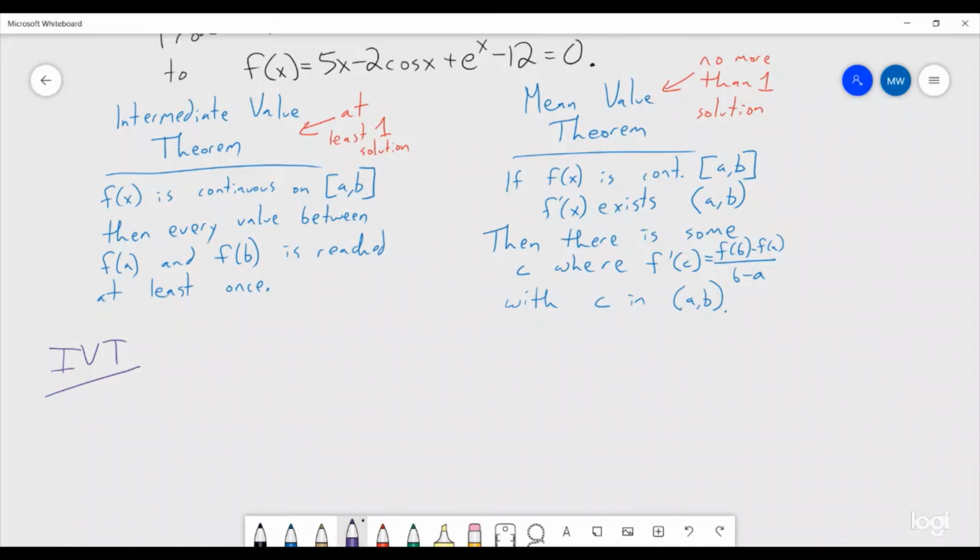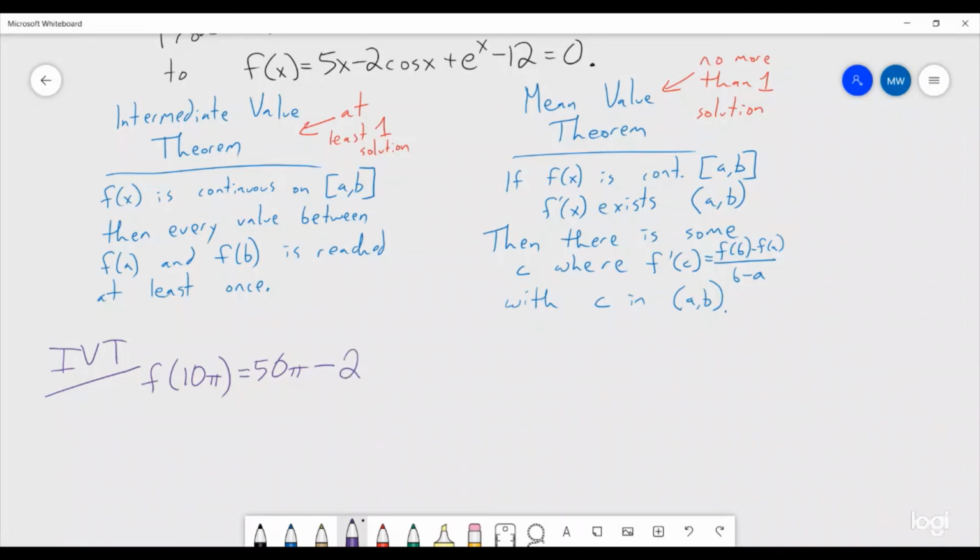So f of 10 pi, well, that's going to be 5 times x, that's going to be 50 pi, minus 2 times cosine of 10 pi. Well, 10 pi, that's 5 full times around the circle, so that means cosine is going to be 1.